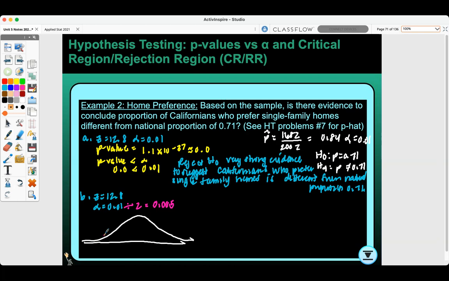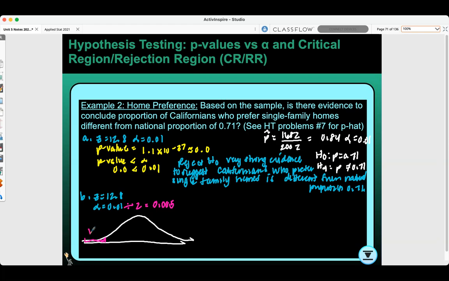This area here would be 0.005, and this area over here would be 0.005. So we need to find our critical values, and for this one, negative 2.576, and this one would be 2.576.